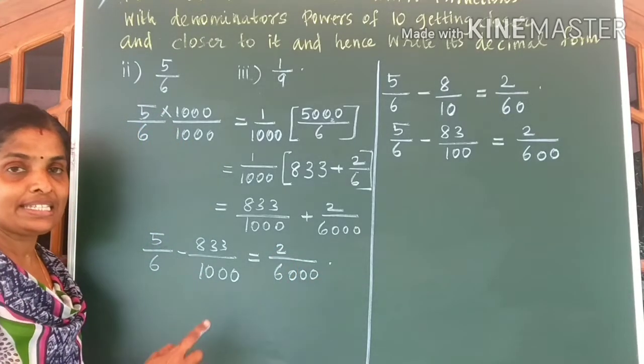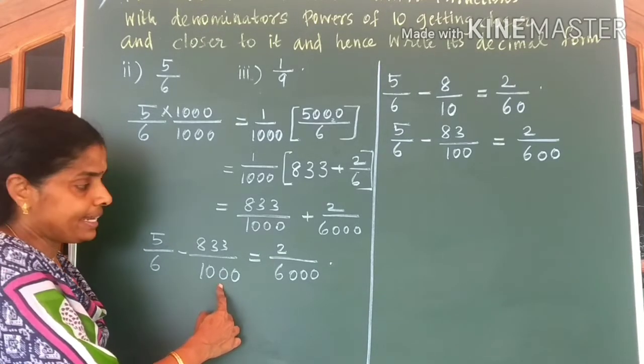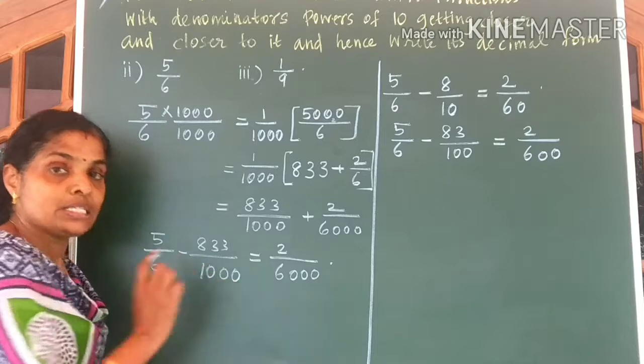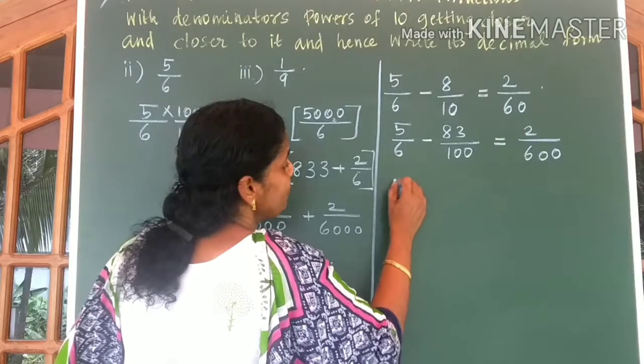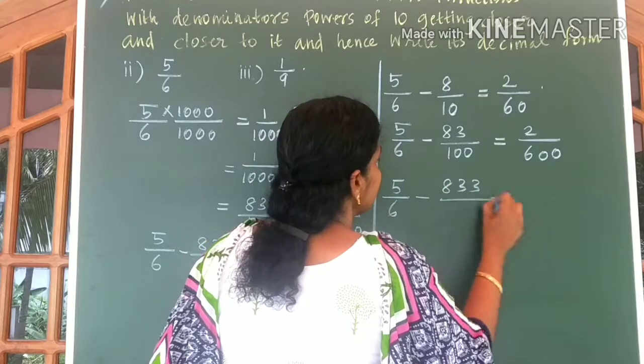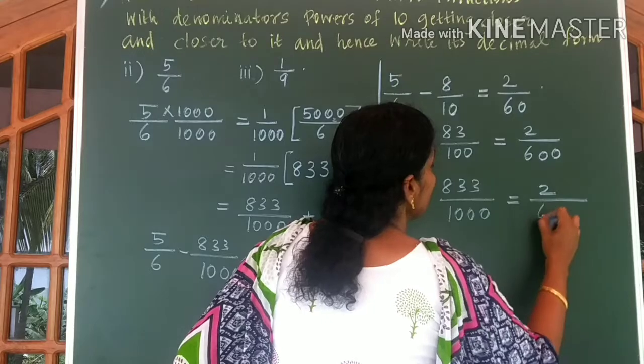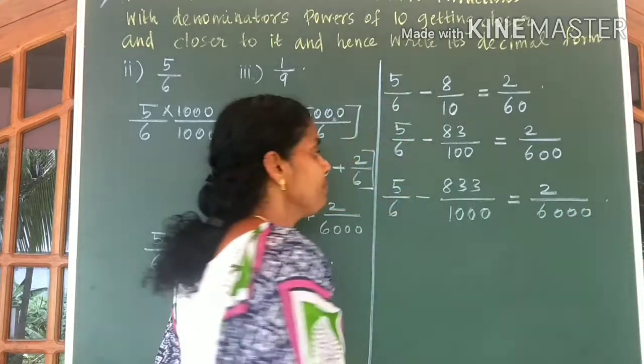So you can understand the difference between these two numbers is getting smaller and smaller.